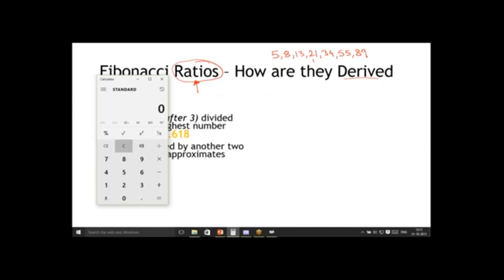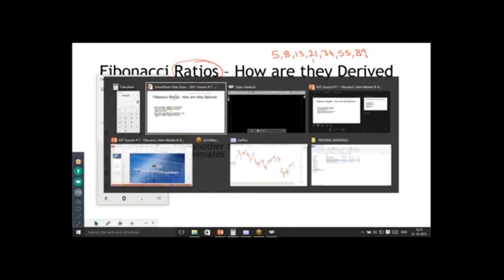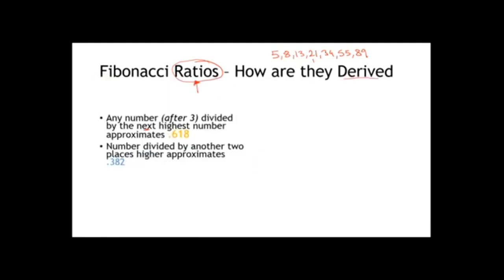If I do 34, after that comes 55, I'm going to skip 55 and divide by 89. It comes to 0.38. So if I skip one place, I get another ratio which is constant throughout infinity: 0.382. That's nice.